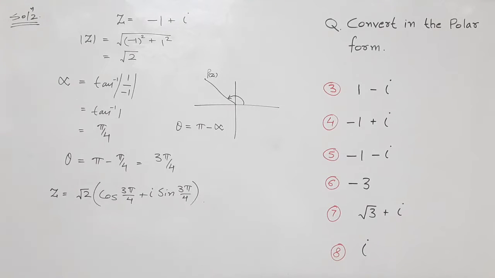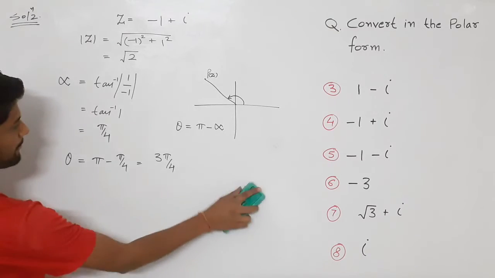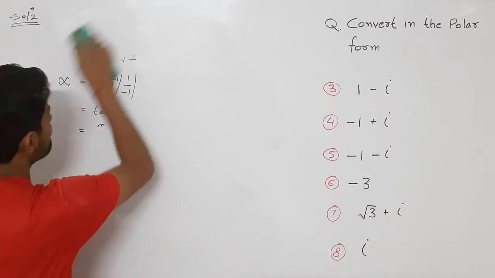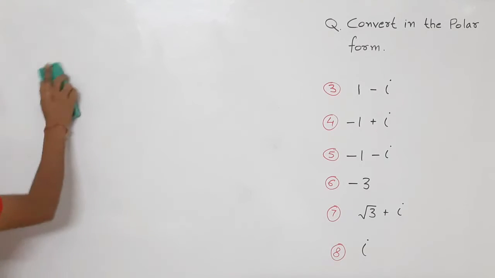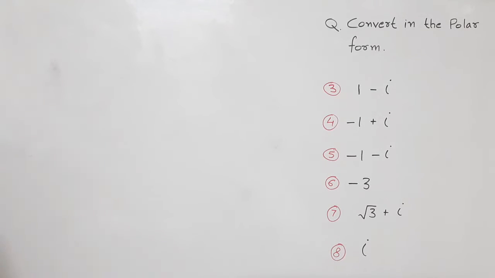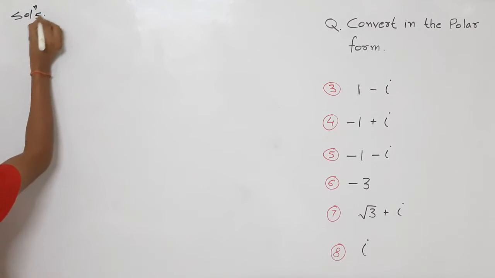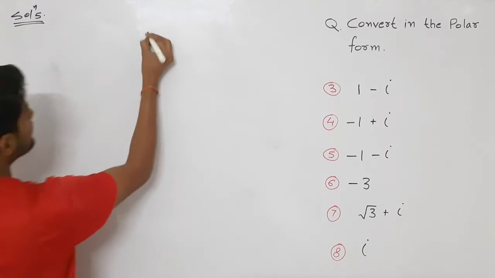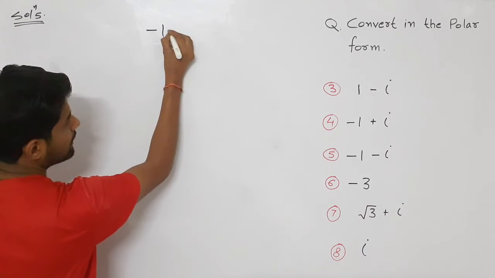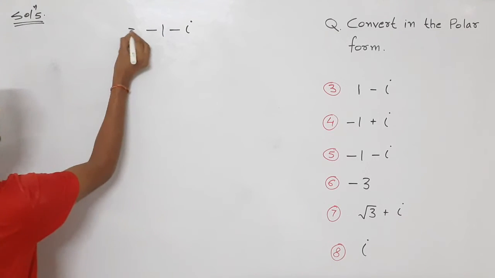Now moving forward, fifth question. So in fifth question we have -1 minus iota, right?